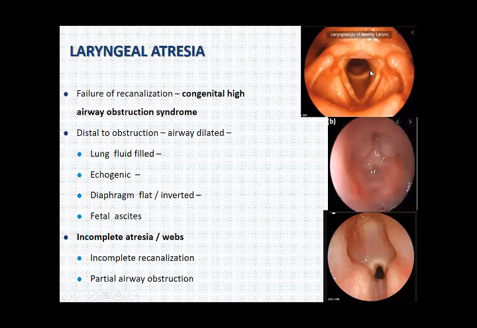Now what happens is, as I told you, the lumen of the developing larynx, the laryngotracheal tube, is occluded by proliferation of the endoderm. The epithelial lining of the laryngotracheal tube proliferates and occludes the lumen.